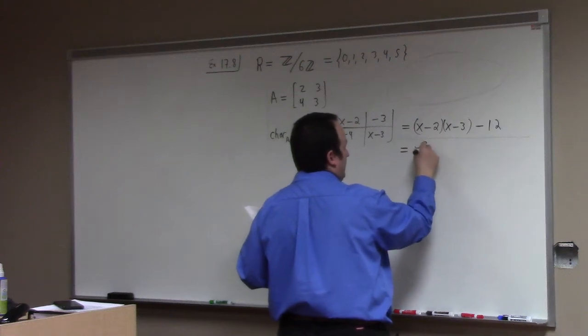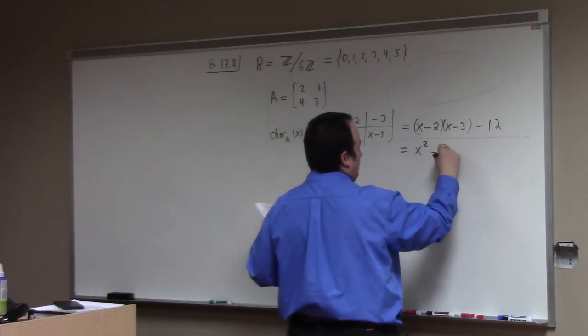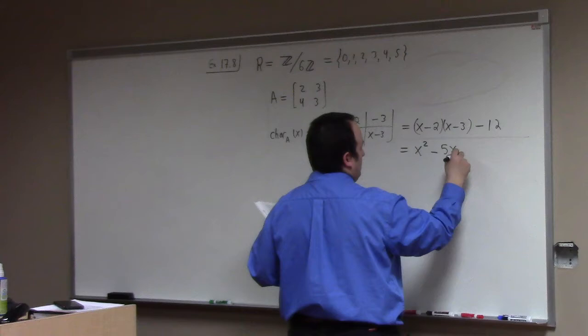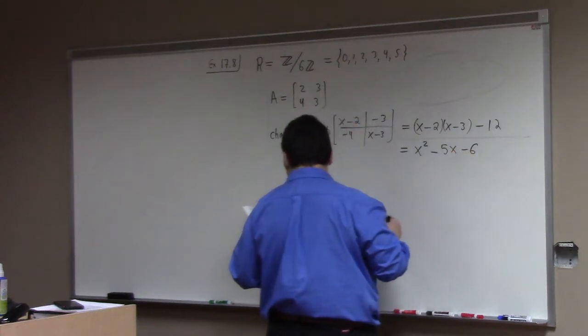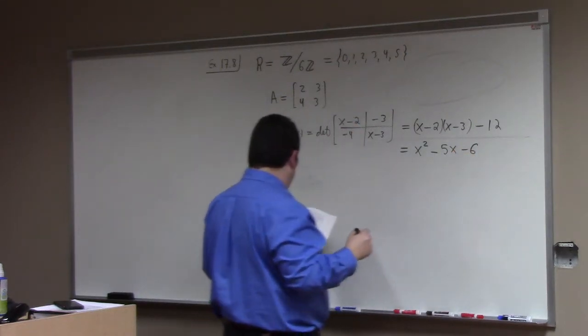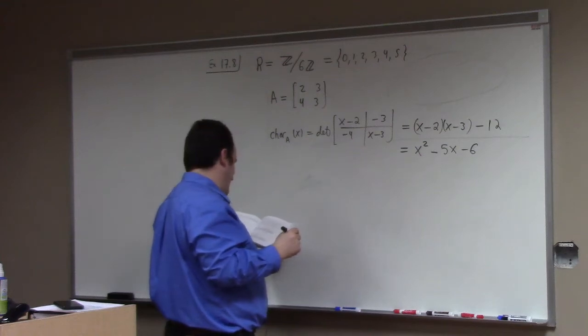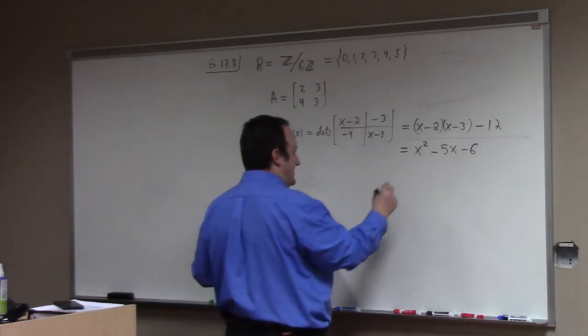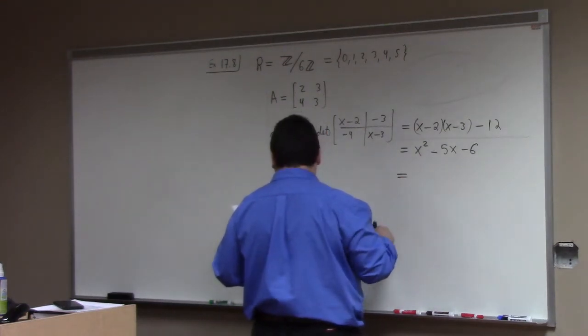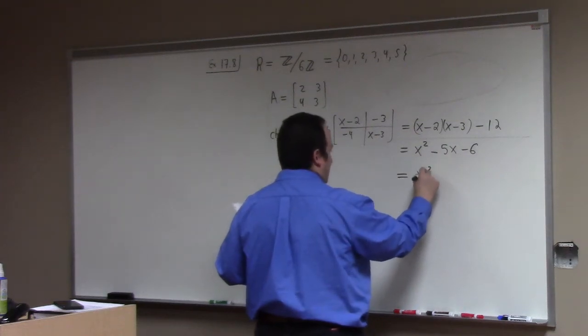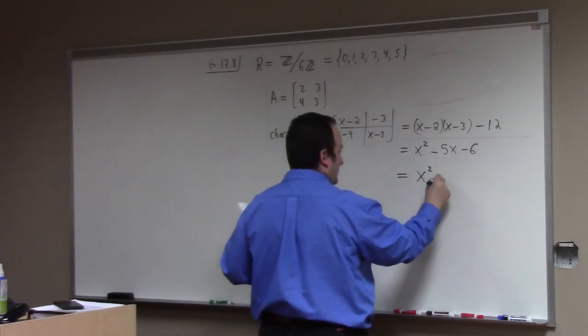So that's x squared minus 5x minus 6, I think. That's funny. And then what he has written is not that.